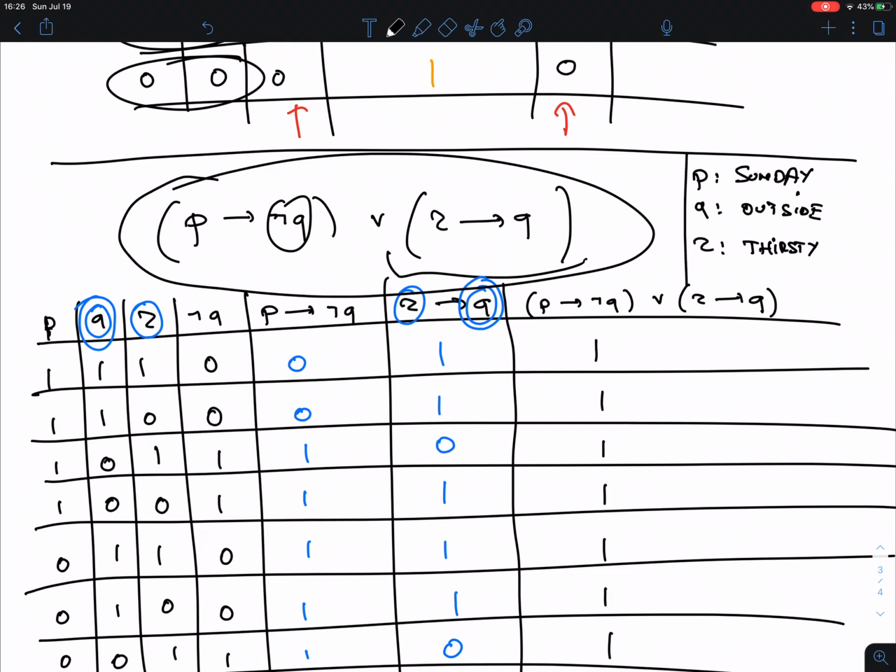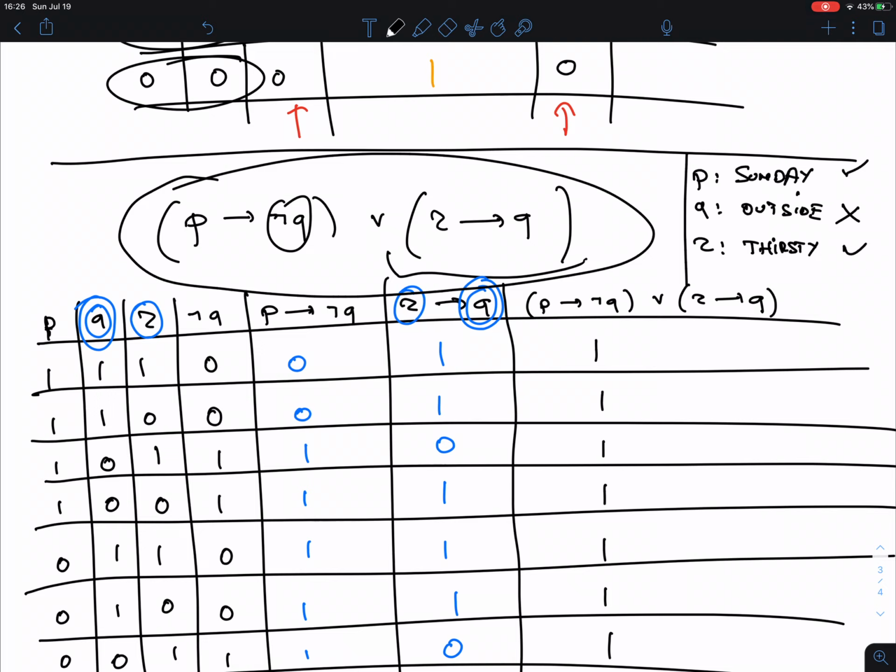Okay. So now, suppose it is Sunday, which is true, and it's sunny out, and I didn't go outside, that's not true, remember, I told you I didn't go outside, but I'm thirsty, okay? So what would this statement be? Forget what I said about the actual things. Let's just make the statement. So this statement here, let's try to put that in English.